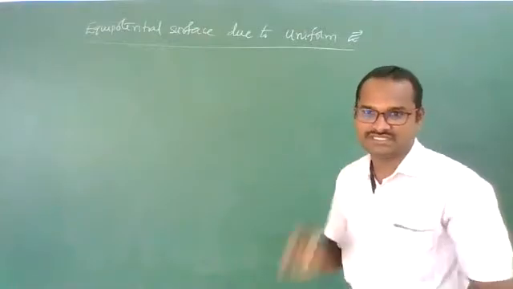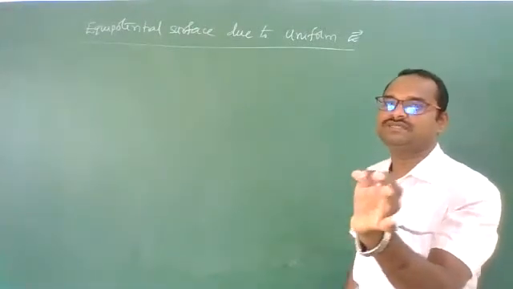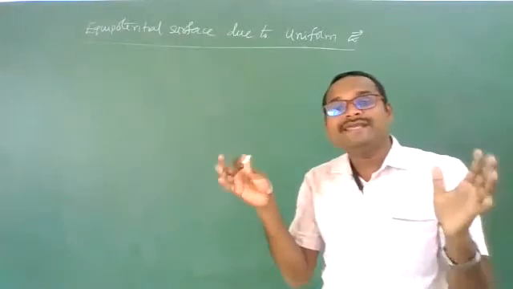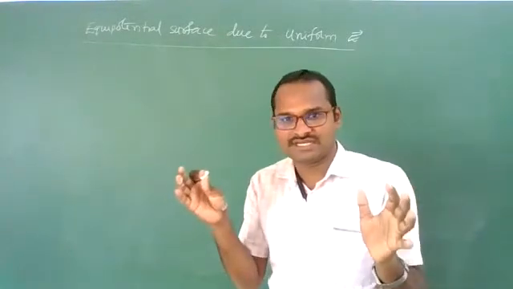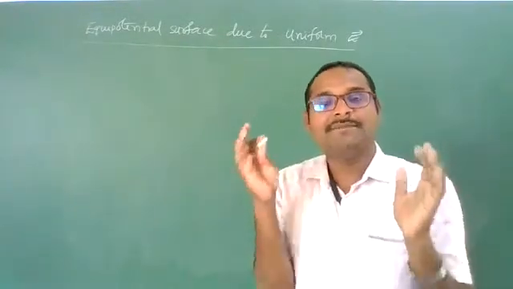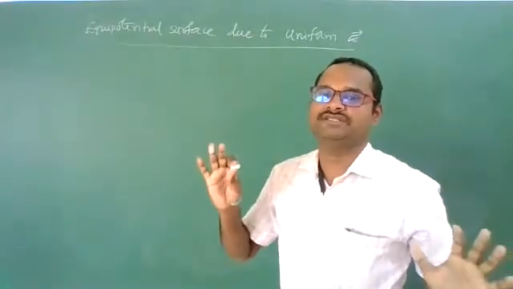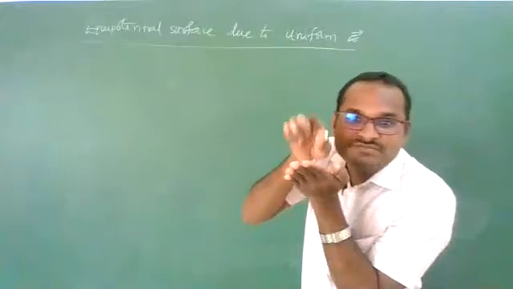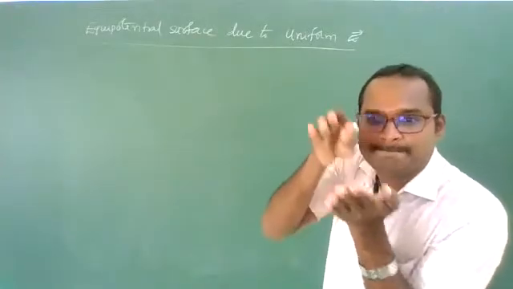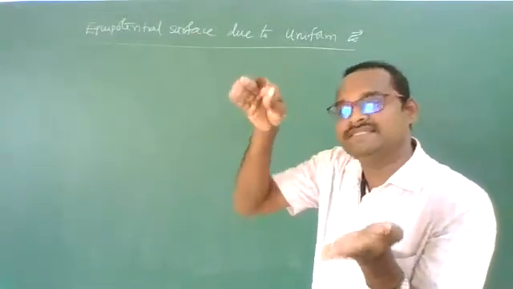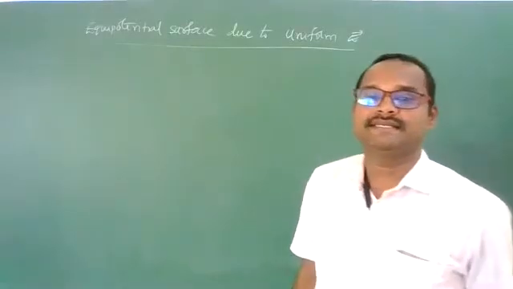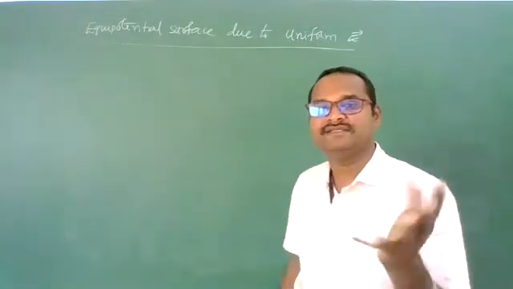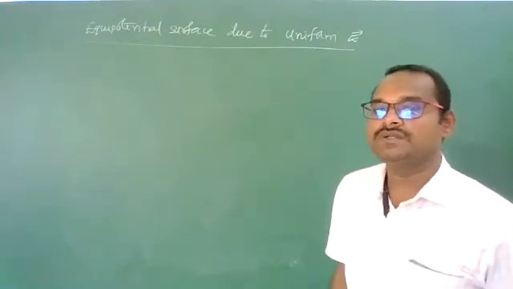The number of electric field lines indicates the electric field strength, remember. And if the separation between the electric field lines is the same, then it indicates a uniform electric field. If the distance between electric field lines is different, then it indicates a non-uniform electric field.